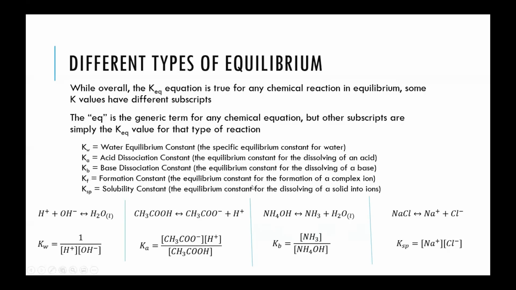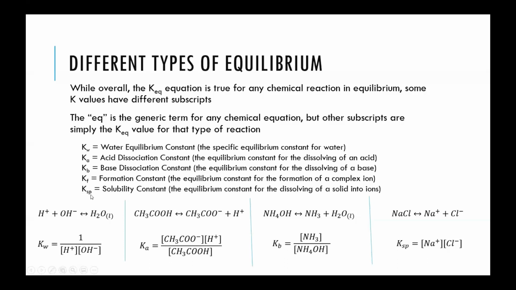There are two others. Formation constant, which is what this experiment looks at. It's the equilibrium of the formation of a complex ion, which I'll go over a little later. And then for solubility, Ksp.